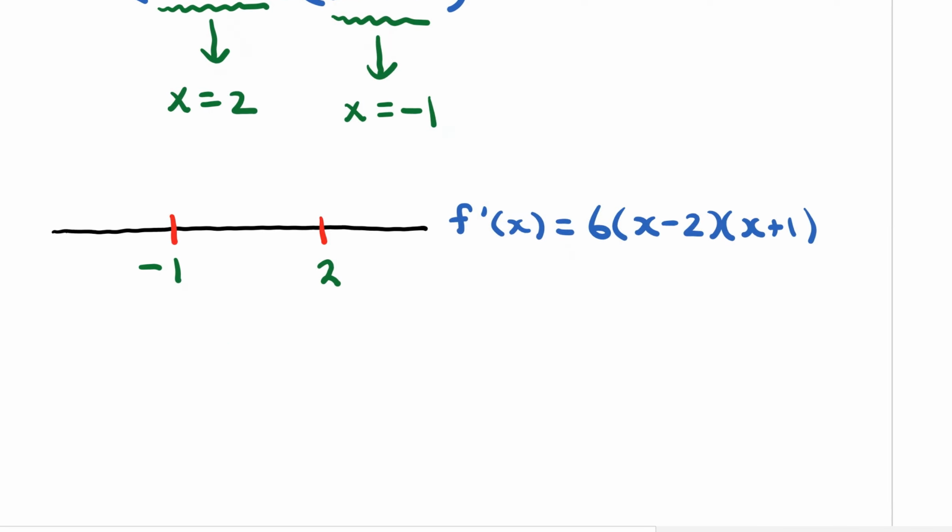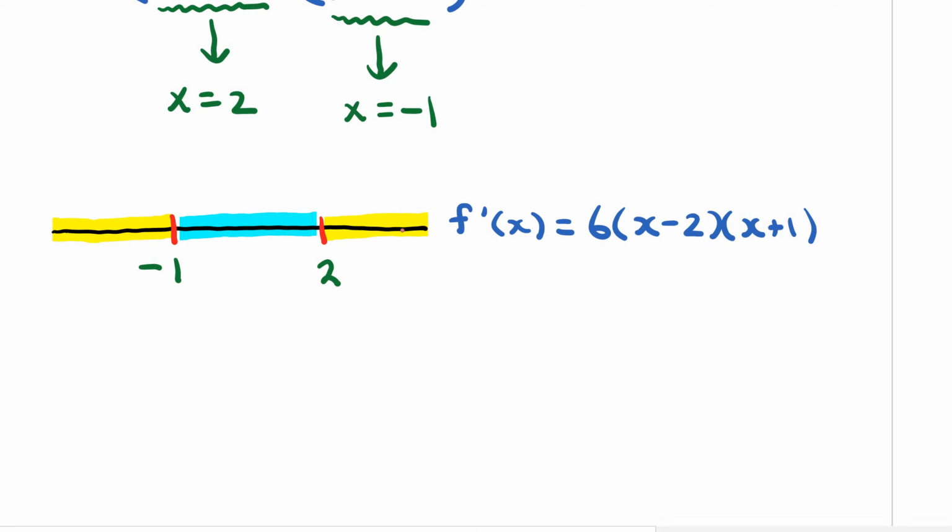And what we're going to do now to find the intervals where we're increasing or decreasing is look at the three intervals that are given to us. So here's the first interval in yellow, here's the second interval in blue, and my last interval I will use yellow again. And what you want to do is find numbers in those intervals and test them to see if the signs are positive or negative.